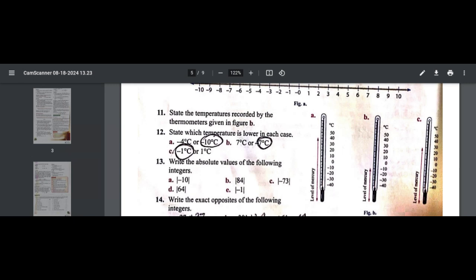The exact temperature on the figure A, 40, right? Yes. You have to write for A it is 40 degrees Celsius.